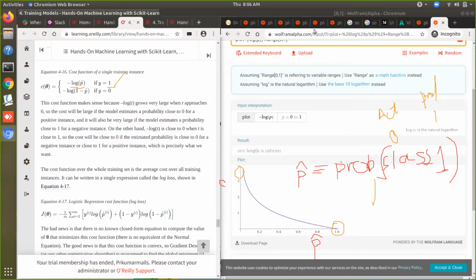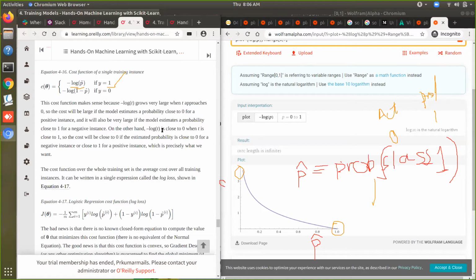I have a question here. This plot is the plot of cost function as we change P for y equal to 0 and y equal to 1 separately. But how do we know that the total cost function with respect to our parameters is also convex?